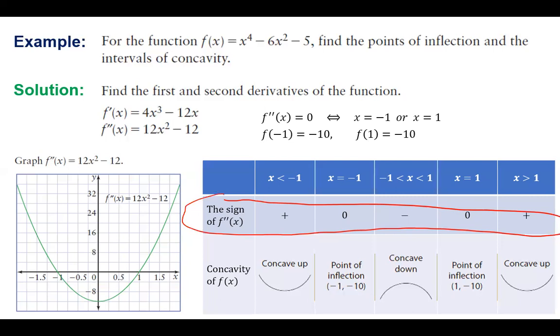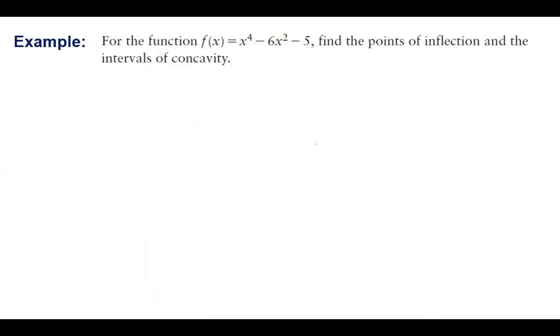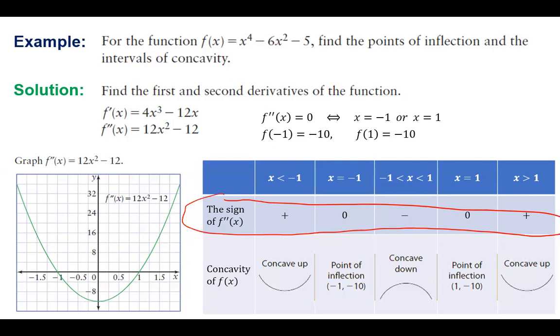Then, according to the point of inflection and concave up and down, according to this table, if on some interval the second derivative is always positive, then we say this interval is an interval of concave up. Then in the next interval, x is between -1 and 1.